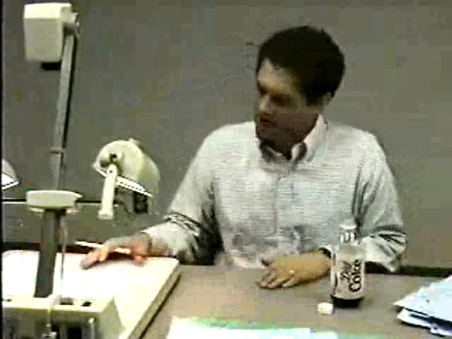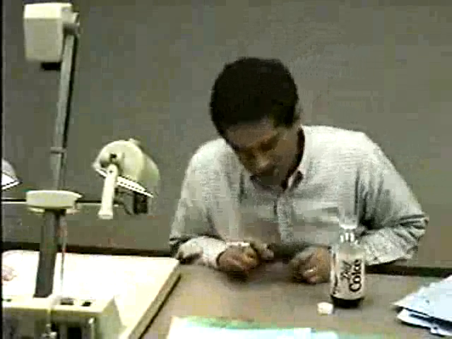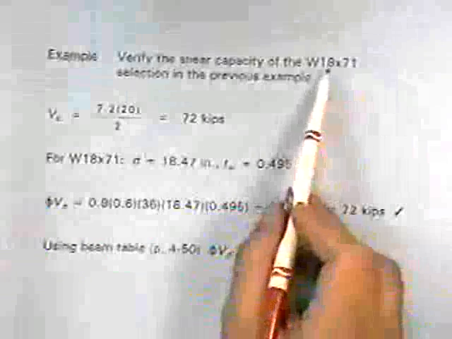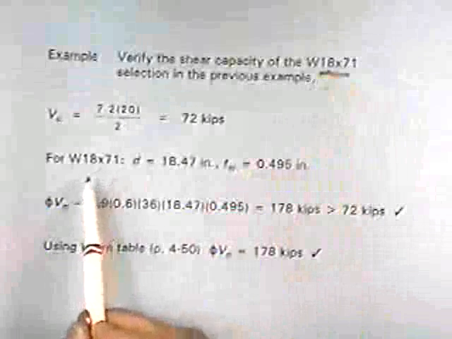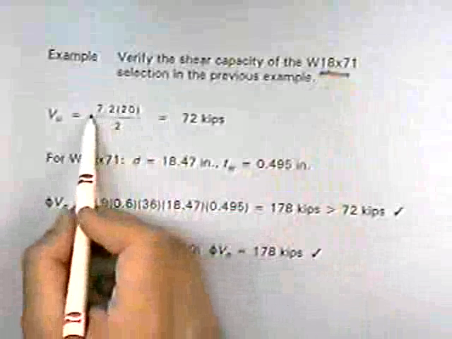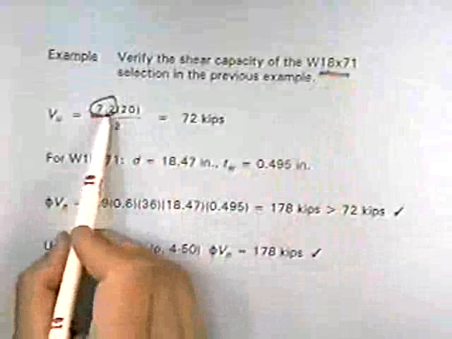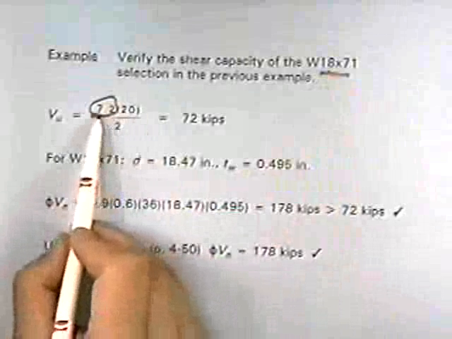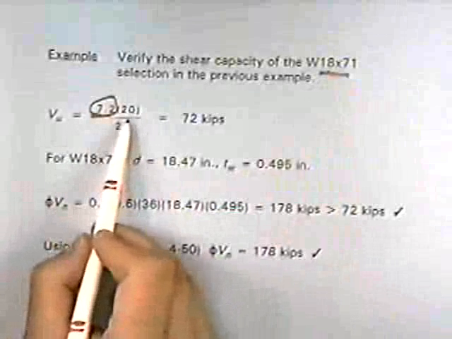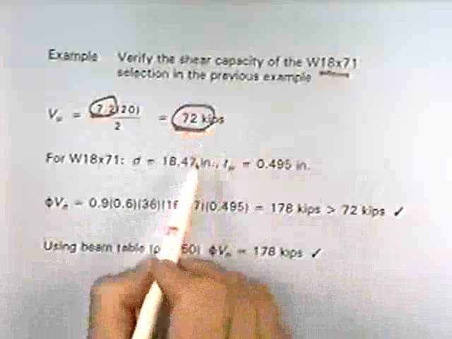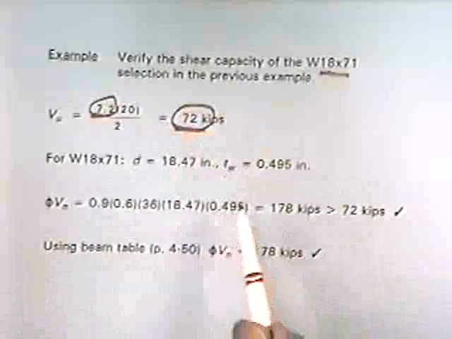Going back to the section that we ended up picking for the previous example, that W18 by 71, let's check it for shear. Based on the factored loading, the distributed load is 7.2. The shear is WL over 2, so it's 7.2 times 20 feet divided by 2, for a design shear that we need to resist of 72 kips.